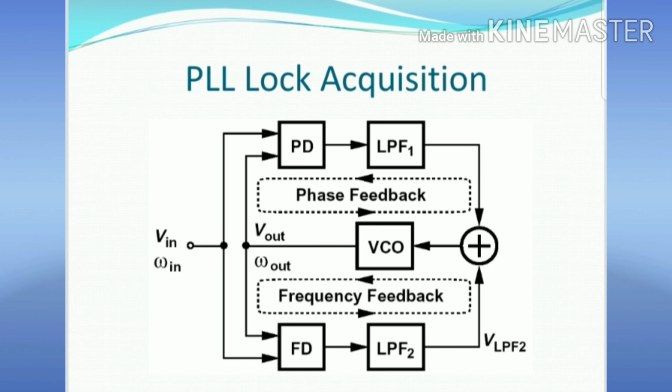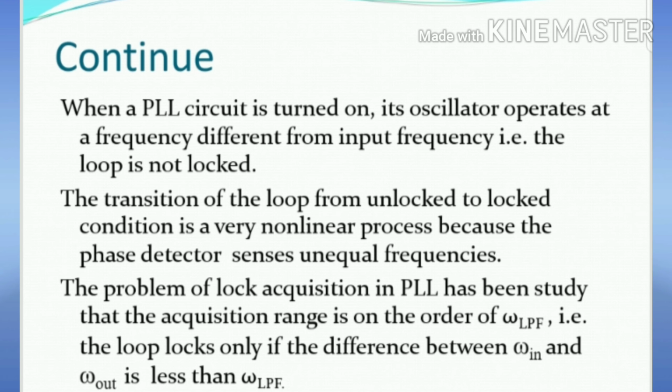Charge pump PLL lock acquisition is shown in this slide. When a PLL circuit is turned on, its oscillator operates at a frequency different from the input frequency, that is, the loop is not locked. The transition of the loop from unlocked to locked condition is a very nonlinear process because the phase detector senses unequal frequencies.